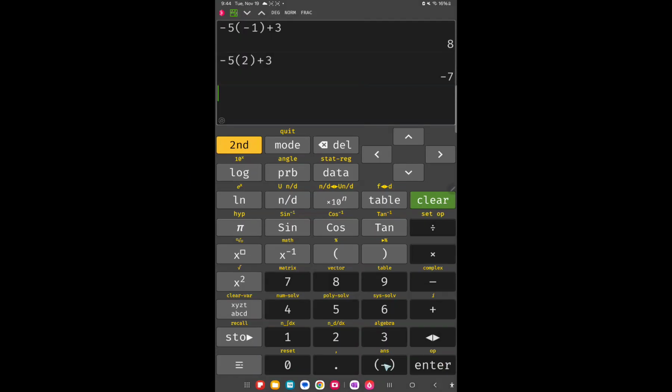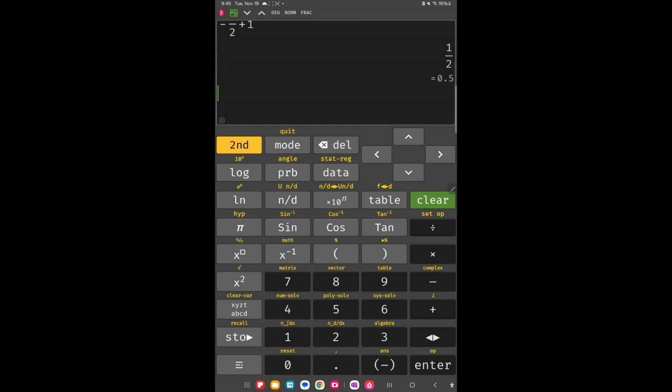So again, that's -1, and then I'm going to use the n over d button like this. -1 over 2, hit the right arrow, and then we're going to do the plus 1. When I do that, I'm going to get 0.5, either 1/2 or 0.5. In this case, it's okay.